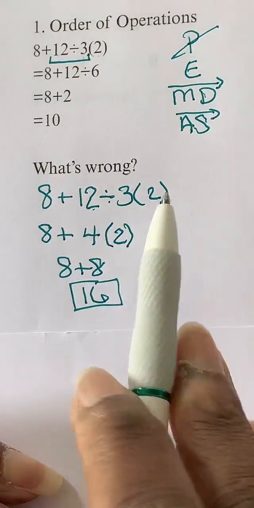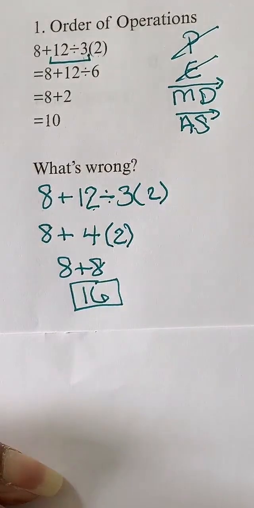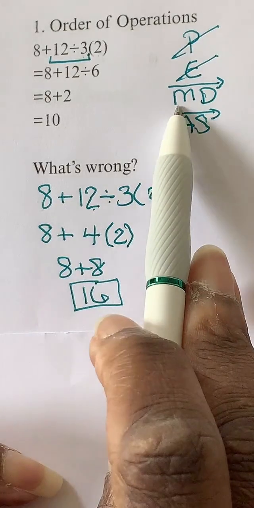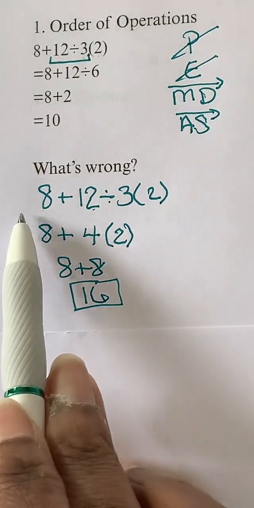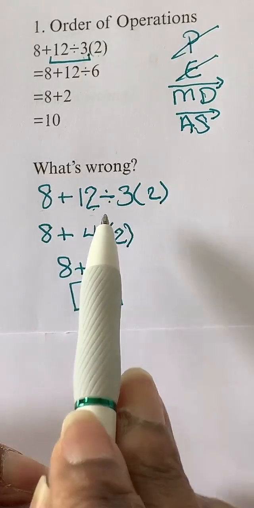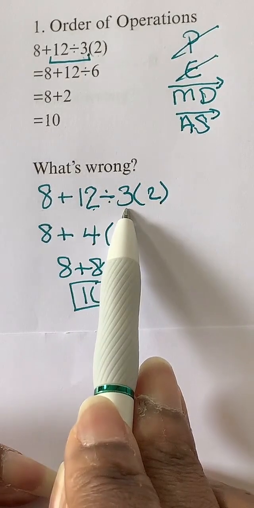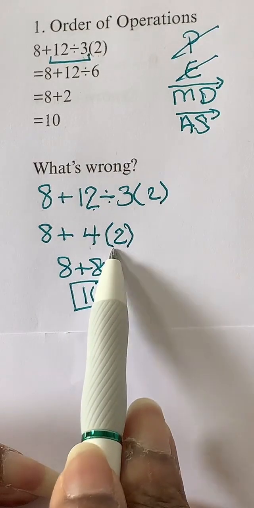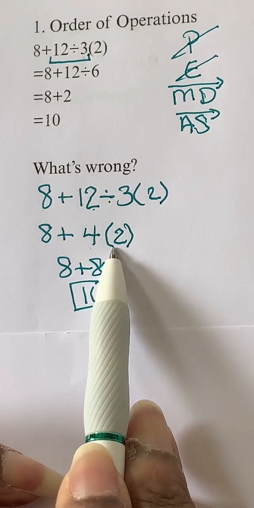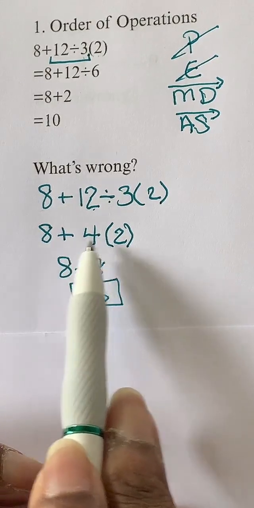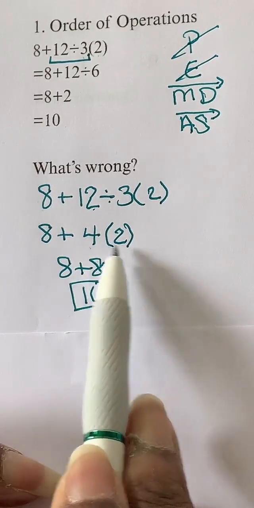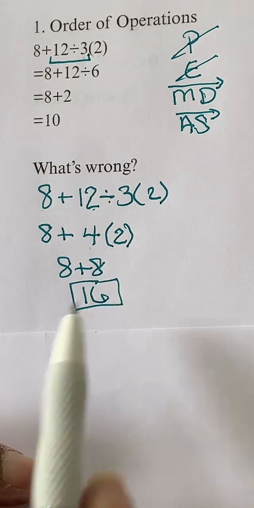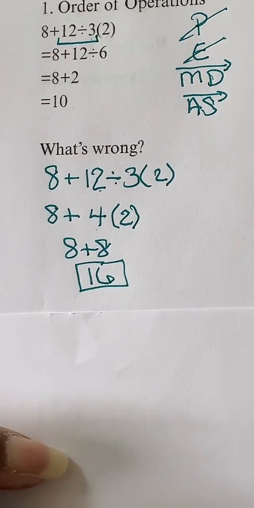We don't have any exponents, so the E is done. Now from left to right, we're looking at multiplication or division. What we hit first was this division right here, so that's where this 4 came from, and we brought down the multiplying of the 2. Now, compared to addition and multiplication, we have to do the multiplication next. Then we had our 8 plus 8, and that's how we got our 16.